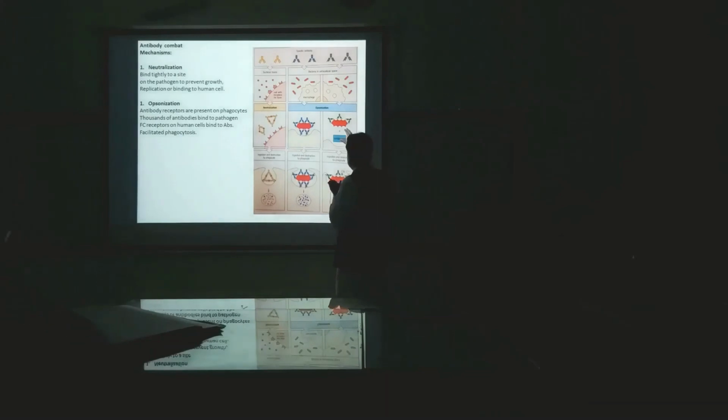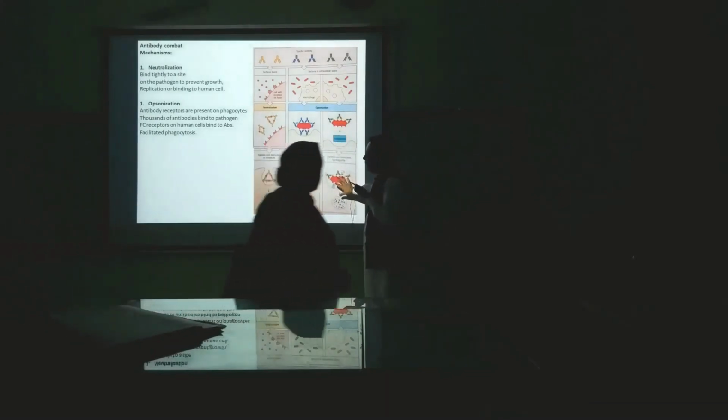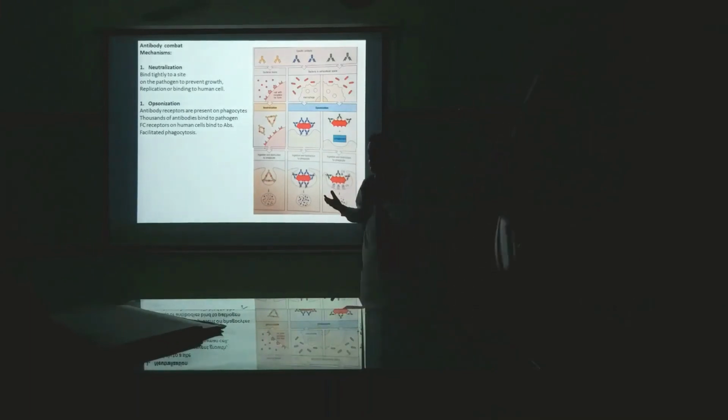So this bacterium can be taken up by this particular phagocyte normally, but it would take a bit more time for this cell to take up the bacterium. But if there already exist some antibodies against this bacterium in the system, these antibodies can facilitate this process or enhance the speed of this phagocytosis, this process of internalization of the pathogen.